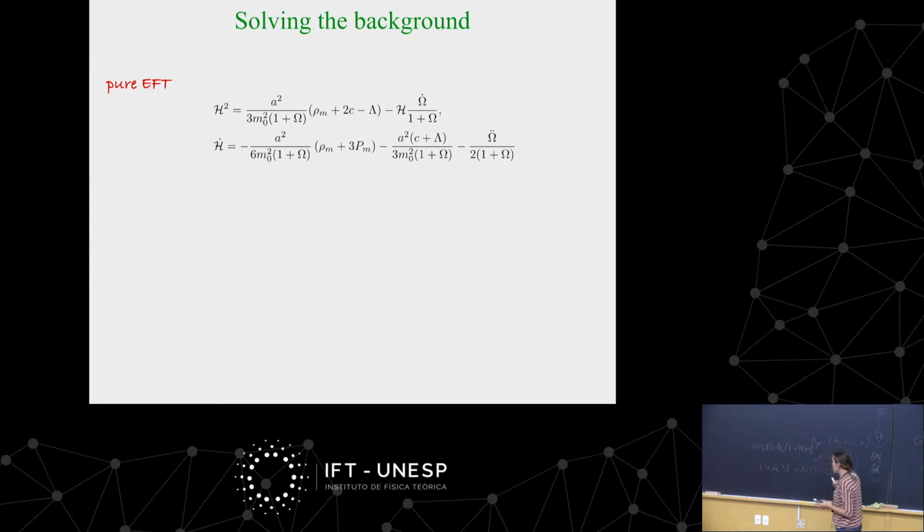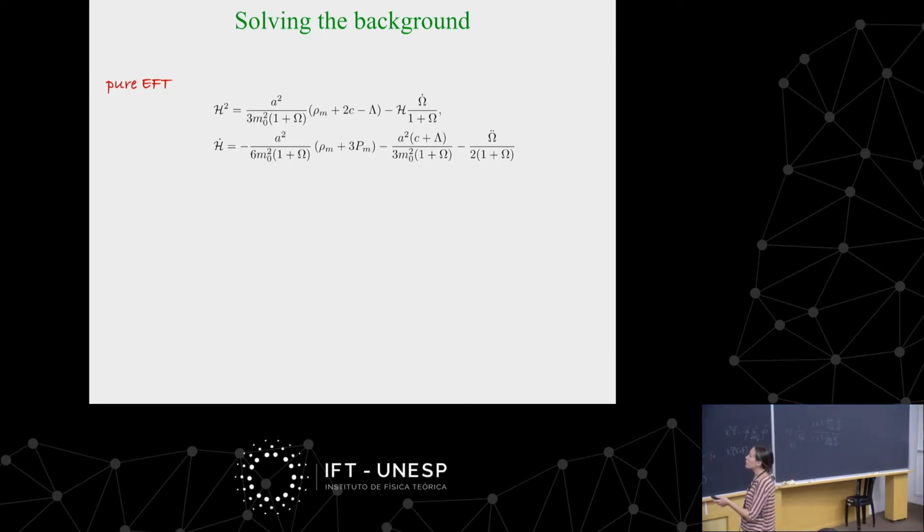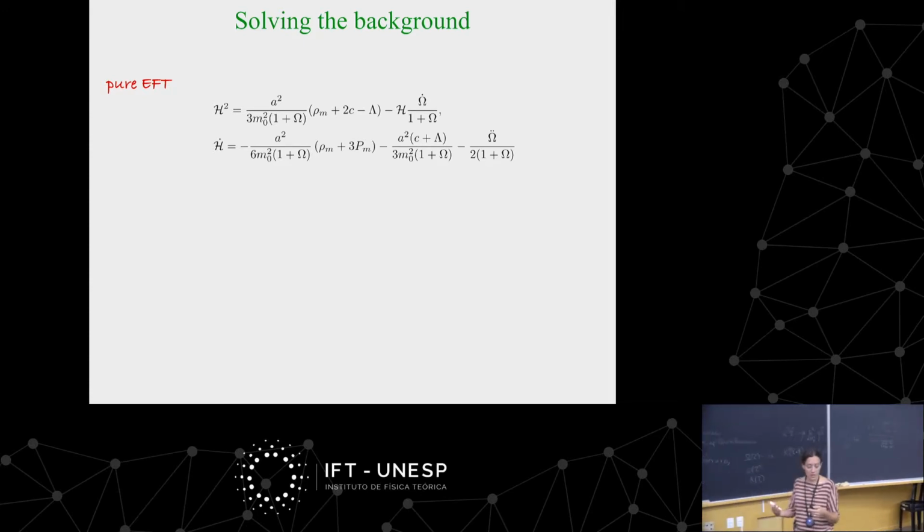Now, you could say, OK, I tell you what omega, lambda, and C are as functions of time, and then you solve for the background. In order to solve for the background, of course, you have to derive the Einstein equations out of that action and specialize to the background, the Friedmann equations. So whatever choice you make for C, lambda, and omega, you will have a given background.